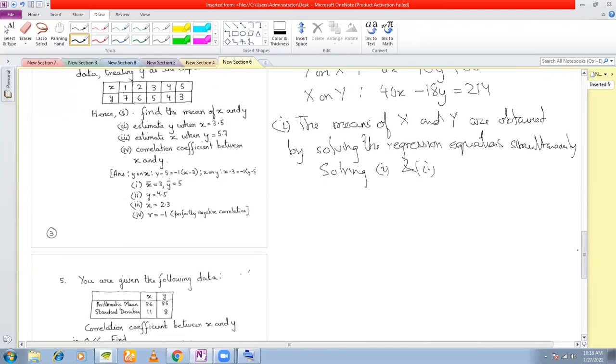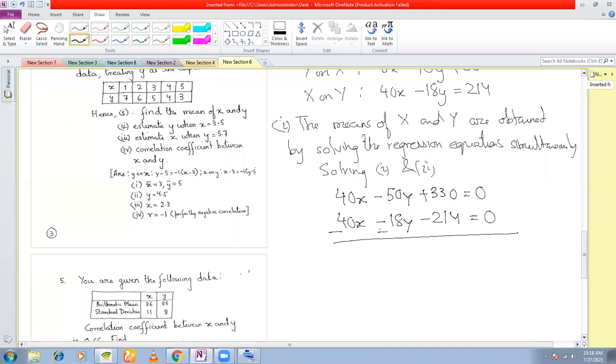Okay, so you multiply these, you'll get 40x minus 50y plus 330 is equal to 0, and 40x minus 18y minus 214 is equal to 0. Subtract. The 40x cancels. So you get minus 32y plus 544 is equal to 0.